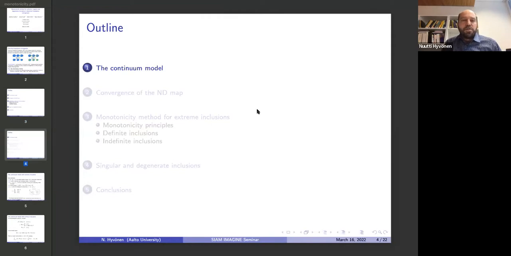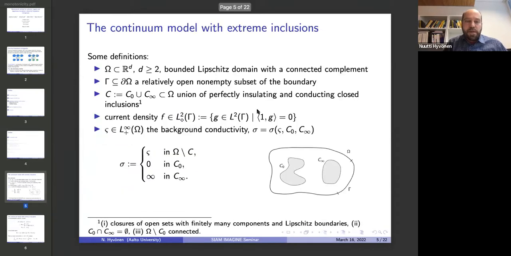So I will start with the continuum model, and I will introduce it so that it actually takes into account the extreme inclusions to begin with. So here's the continuum model with extreme inclusions. I consider some bounded domain omega with Lipschitz boundary in 2 or higher dimensions, so no restrictions on the dimension, and I assume that the object has a connected complement, so standard assumptions.